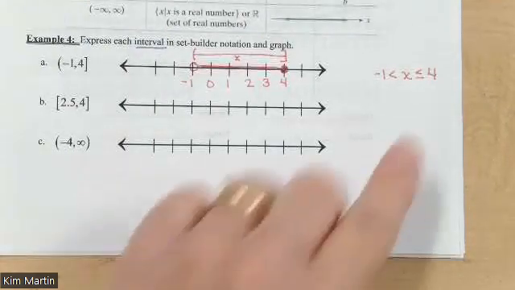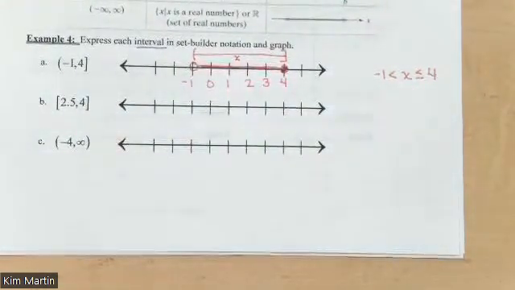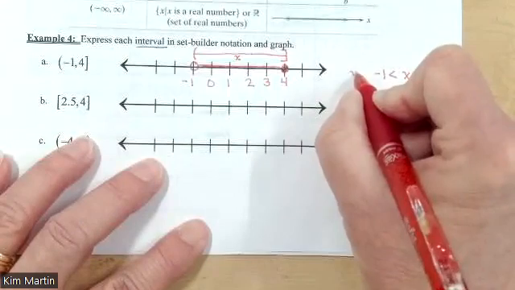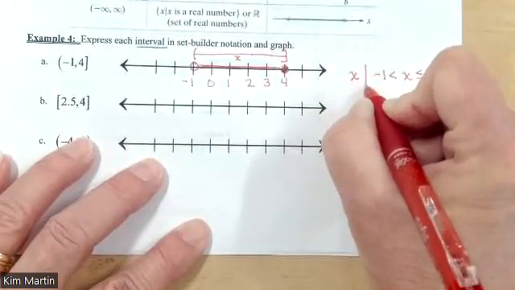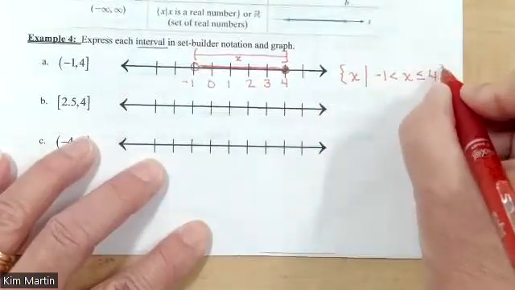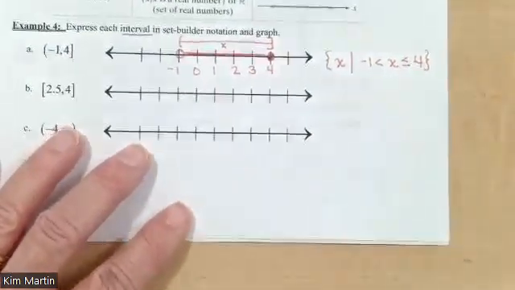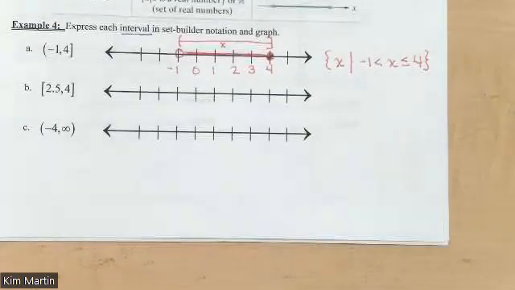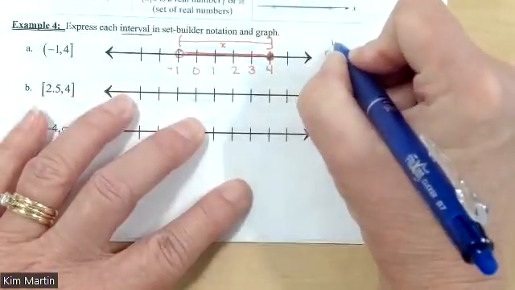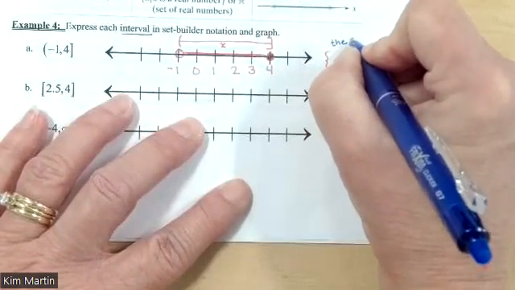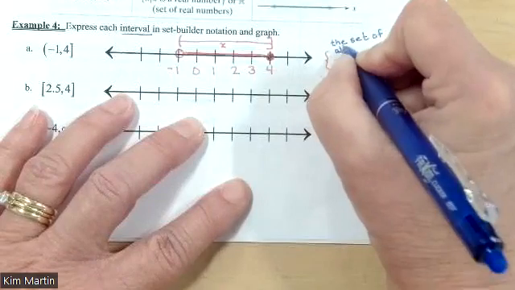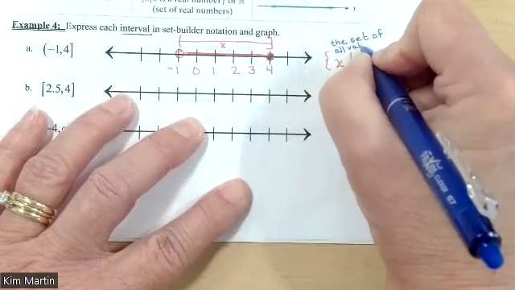The difference between an inequality and set builder notation is you put an x in front of that and a line coming straight down, and you put it in braces. That's set builder notation. Have we ever talked about set builder notation in here? You read this as the set of all values x.